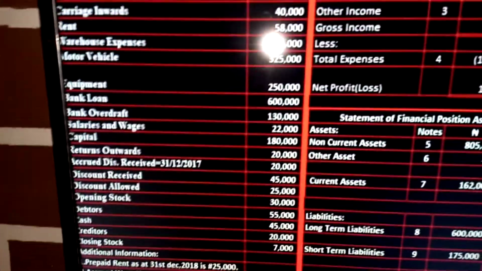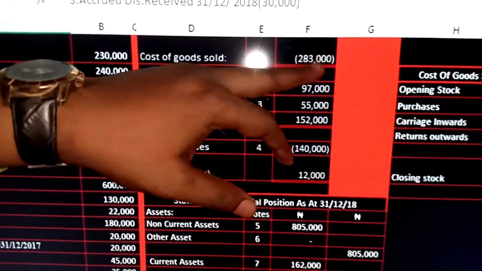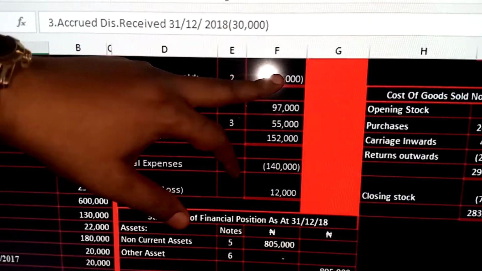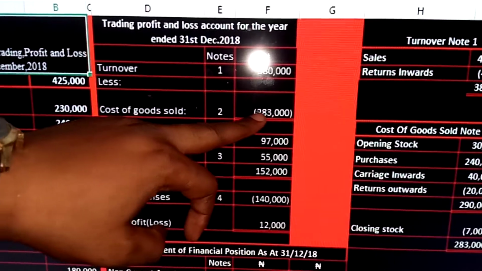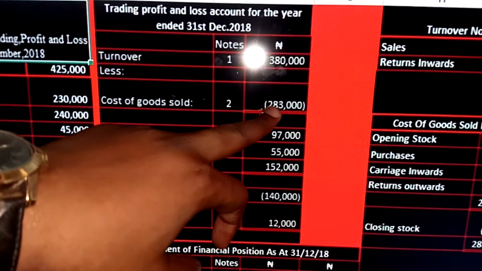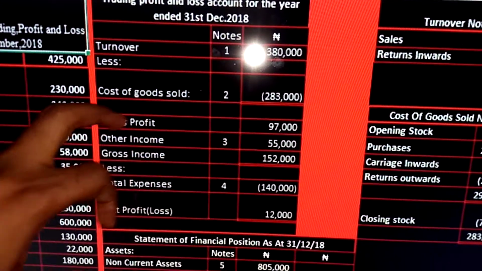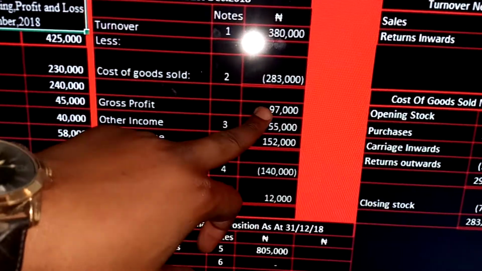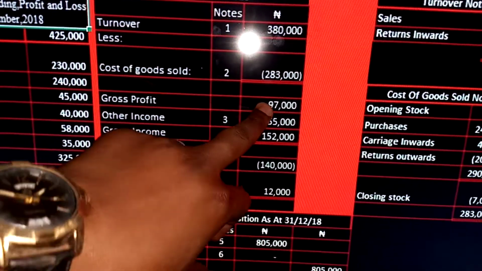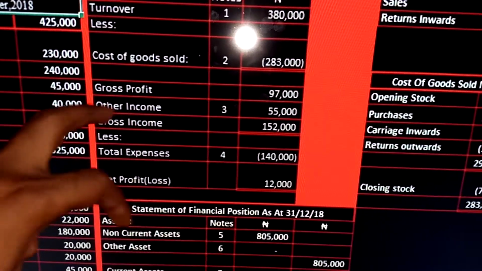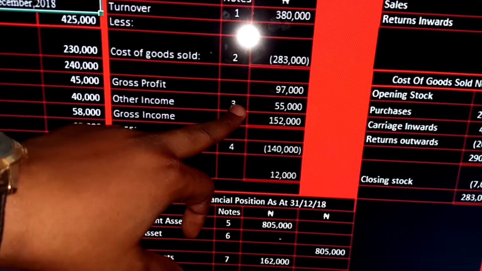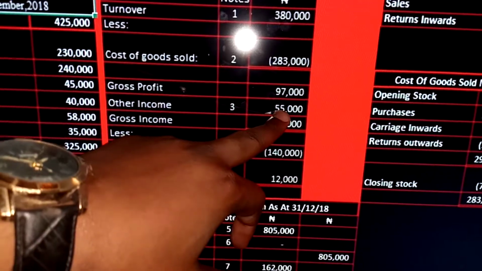Okay, the cost of goods sold here. The next one now, you know when you say turnover minus cost of goods sold, that gives us the gross profit here, 97,000. So the next one is your what? Other income. That's note 3, 55,000.